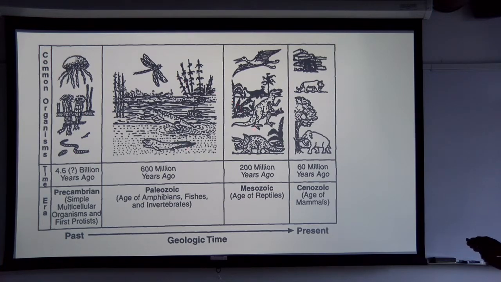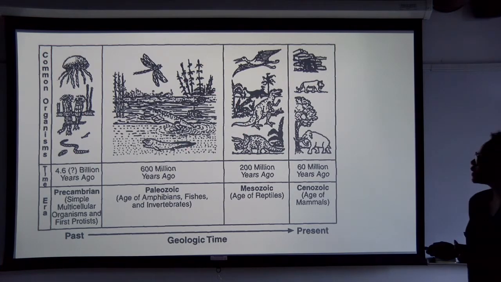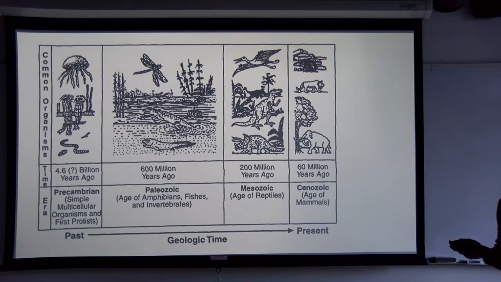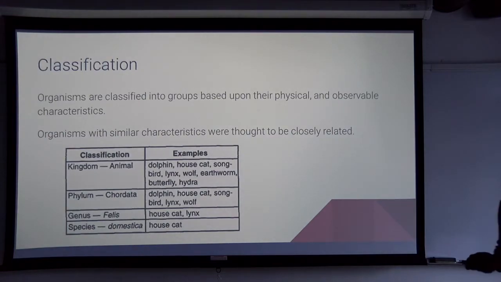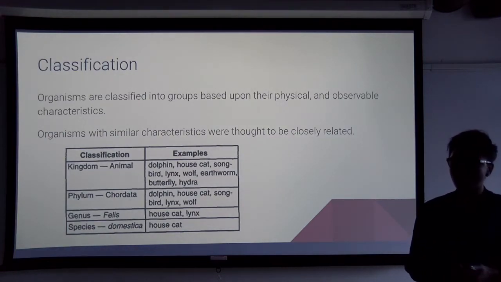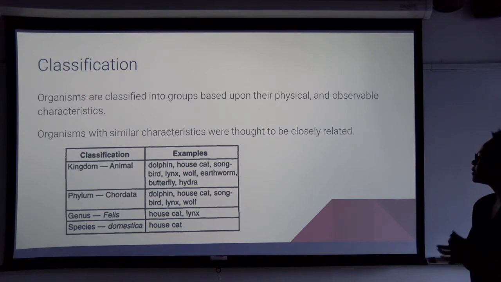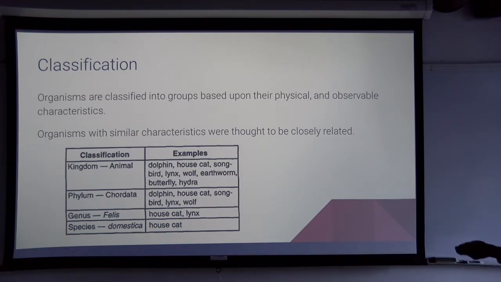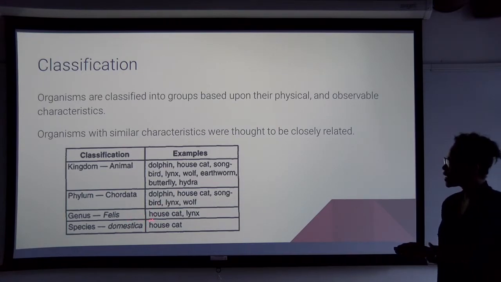We've seen that in different sections. And we see that things are grouped based on what they have in common. And so classification is the grouping of organisms based on their commonality. So if you do see questions on the test, we'll focus on the groups that they fall in.